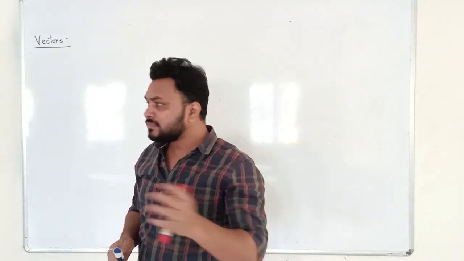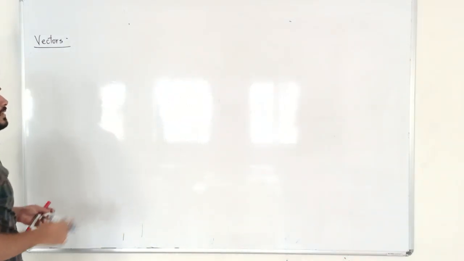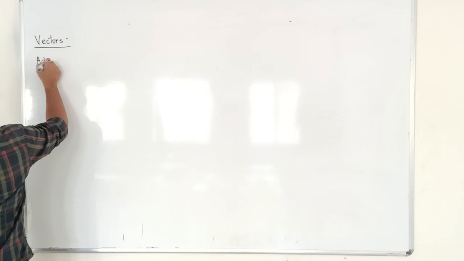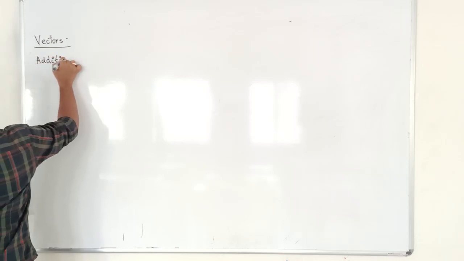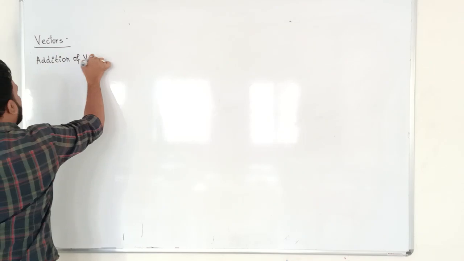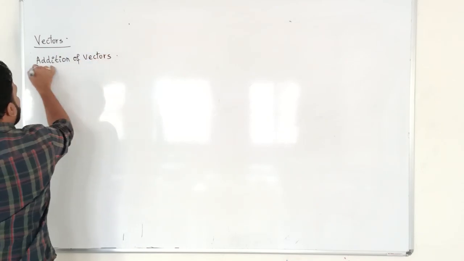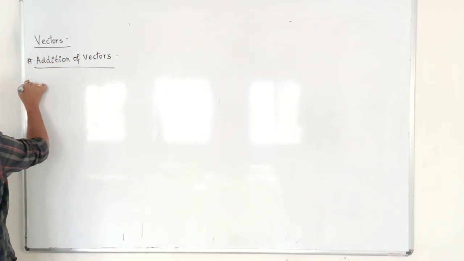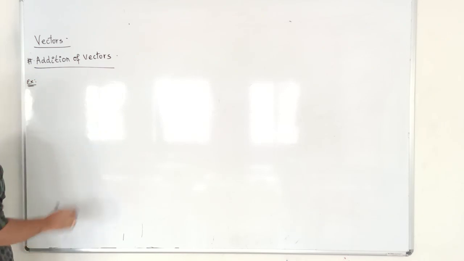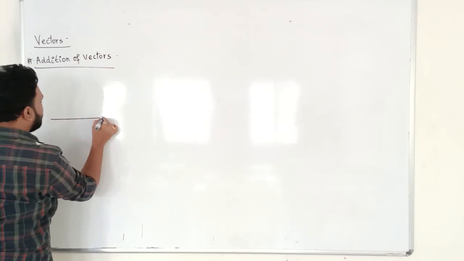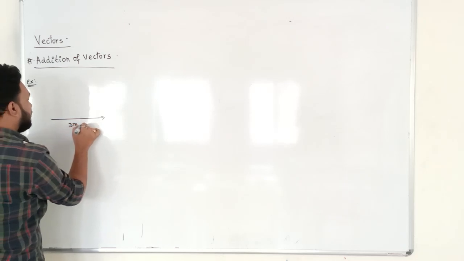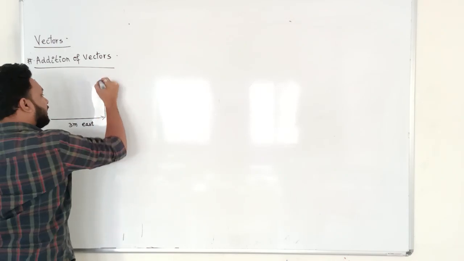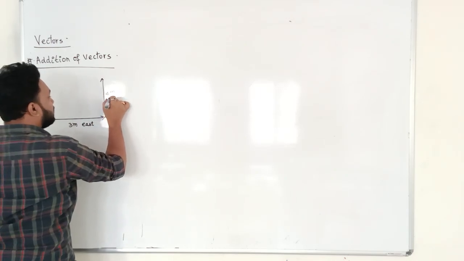Now, the best example we will take is the addition of vectors, a practical example. A person is moving 3 meter in the east. Now he moves 4 meter in the north direction.